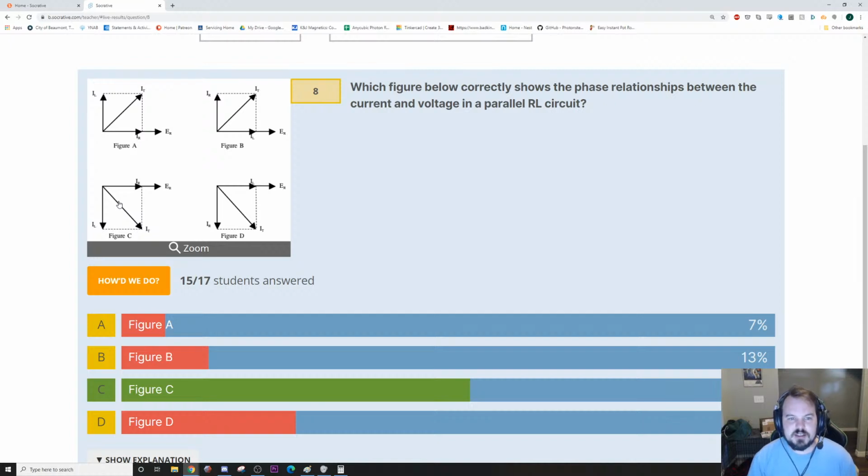Figure A is the closest other answer. These others are just completely wrong. Everything having to do with resistance is always at 0 degrees, and then IL is at negative 90 degrees. So that's what gives us this C.